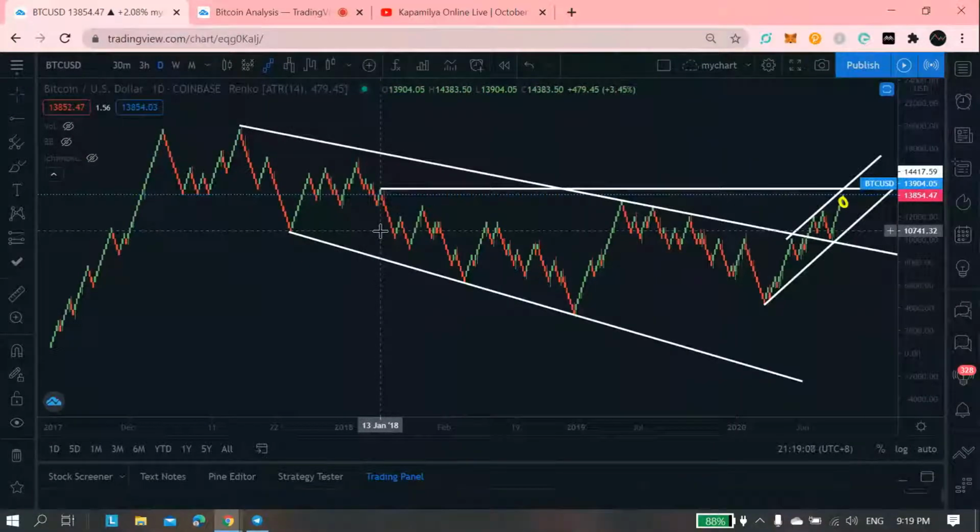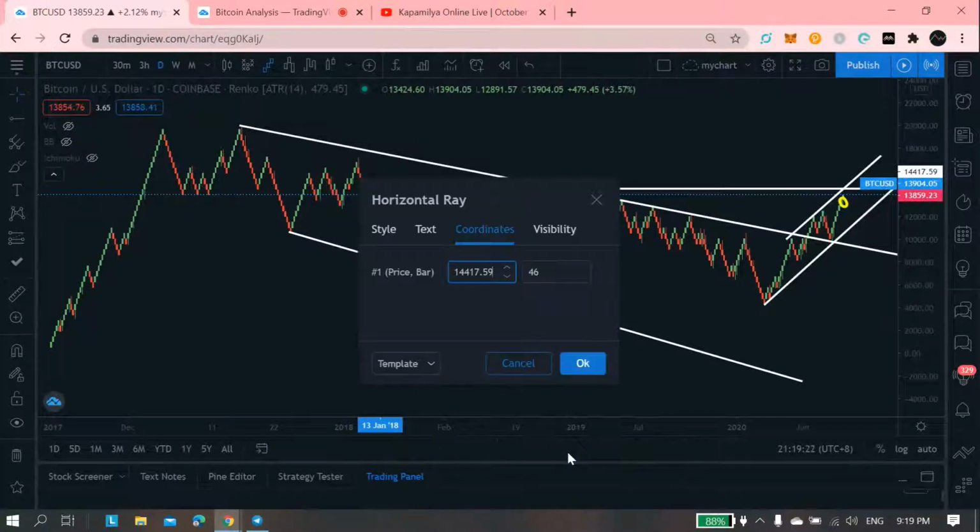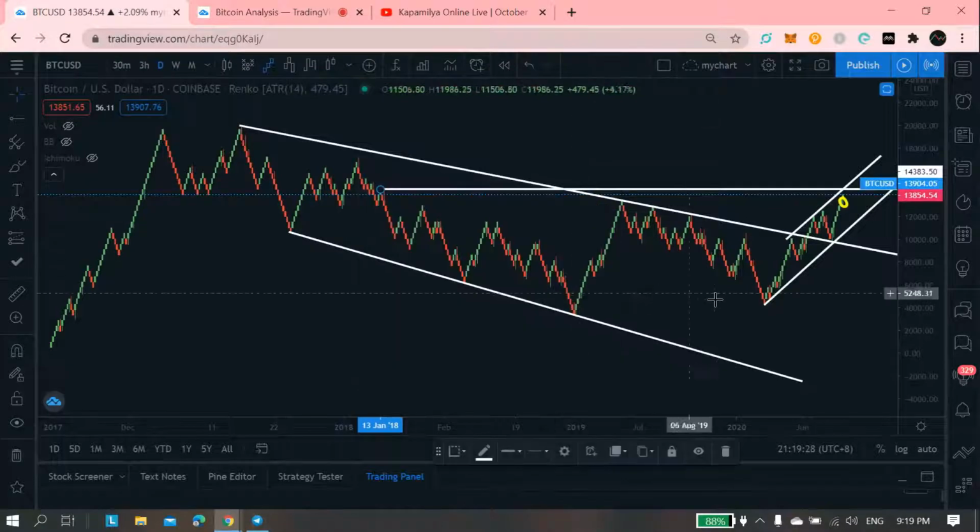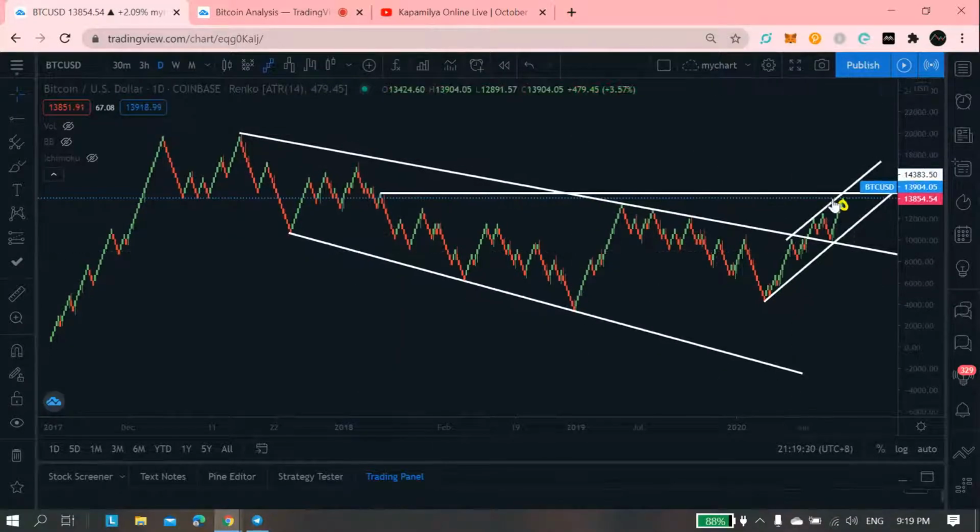So this one is the next resistance, 14,383.5. That's the next resistance I'm looking at.